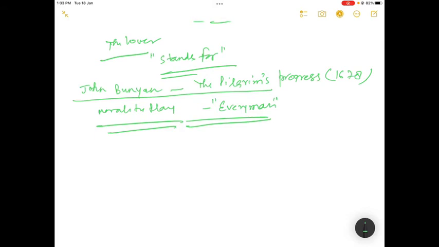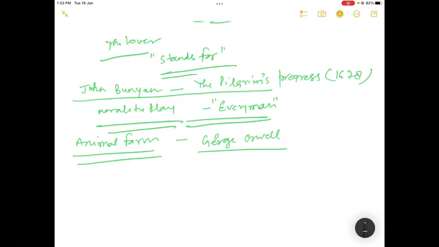Now, if we come to the modern time, this novel, Animal Farm, by George Orwell, is the best example of allegory, and we call it political allegory. It's literature's most famous allegory.